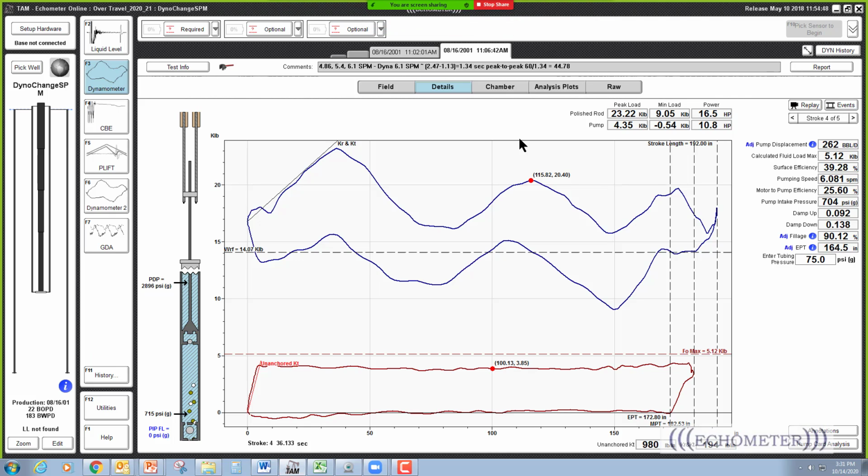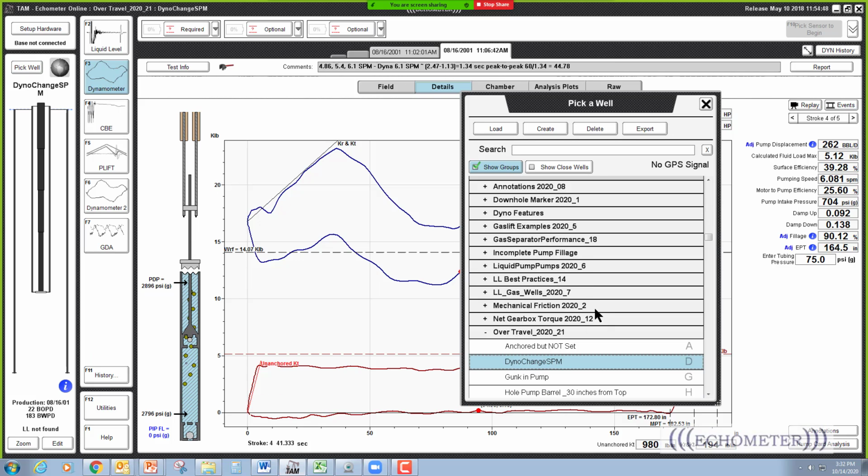You're going to have the same number of cycles. The real problem is as you pump faster, you have a higher peak load and lower minimum load, and you have a lower ratio of min load divided by peak load. And if it's less than 0.1 for 2,500 feet, you're more likely to have a higher failure rate. So that's what this is about.